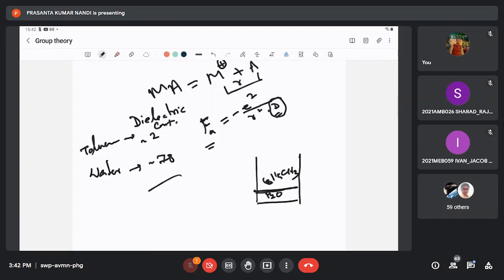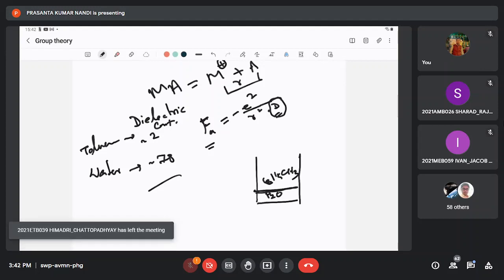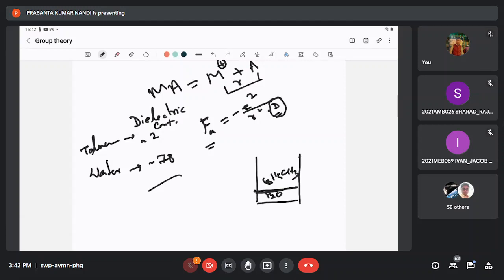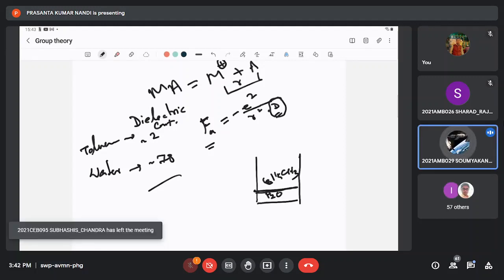Why is the boundary region sharply visible for these two liquids? Can you guess? By which physical quantity can you explain that? Not the boiling point.